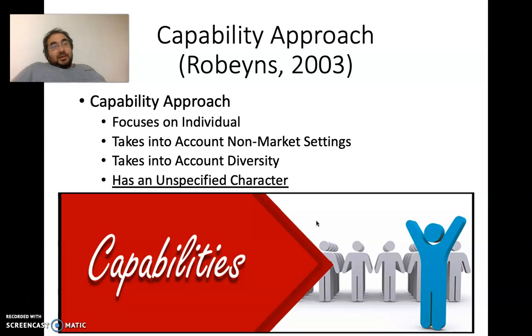But what are the needs? To what extent, at what point can we decide the need is met? These are not that clear, at least, and this unspecified character might make people use this approach for their own purposes and manipulate it.